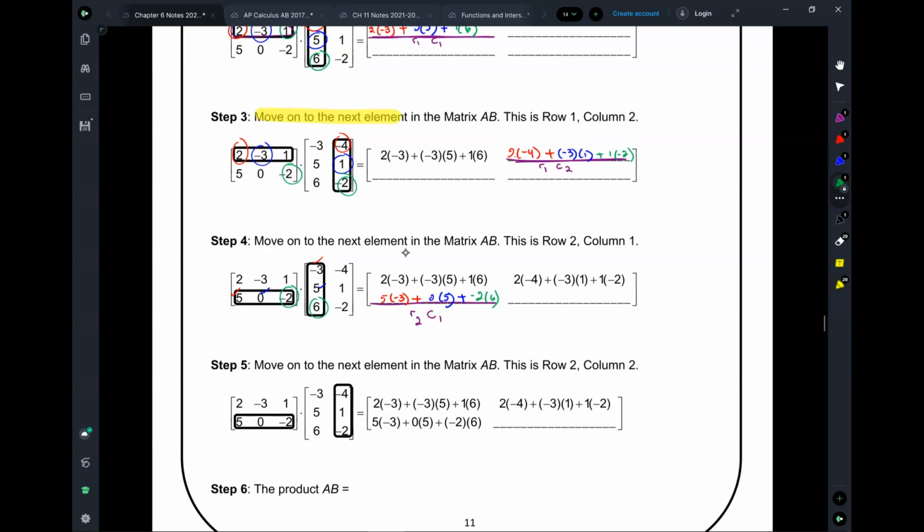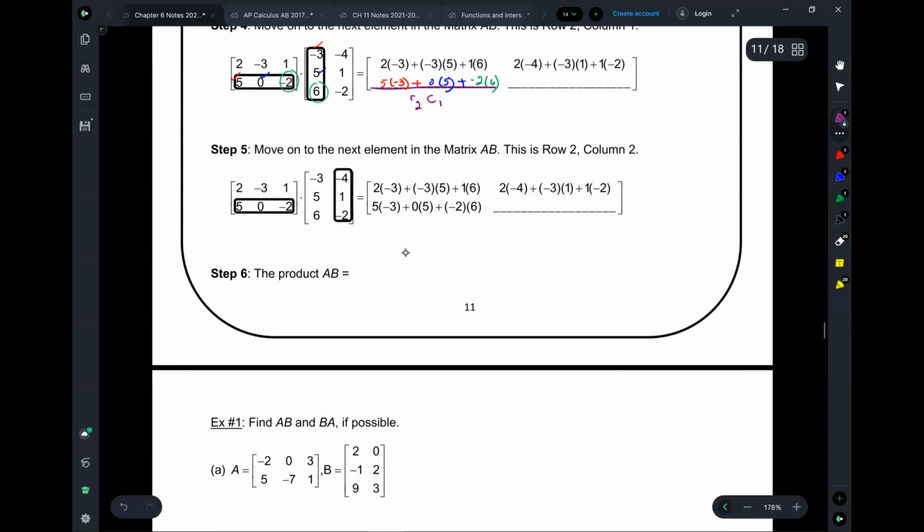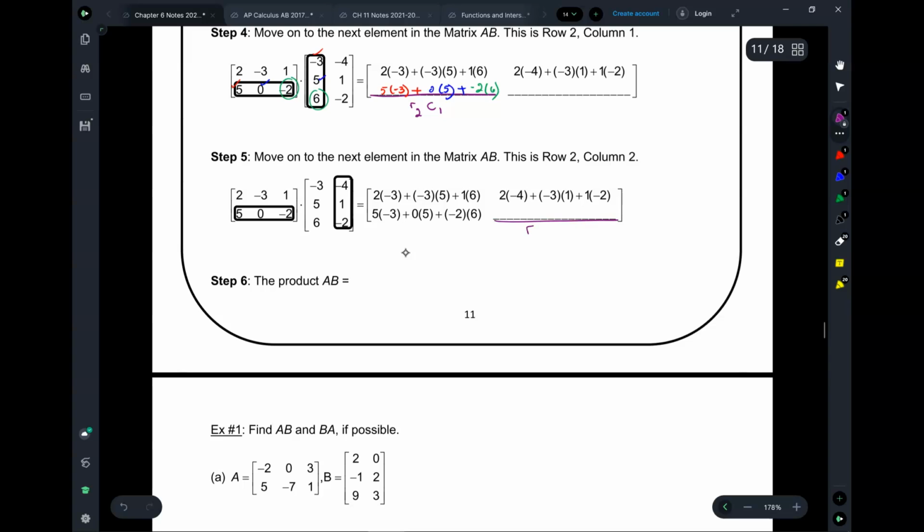Okay. Lastly, row 2, column 2. Okay. So 5 times negative 4 plus 0 times 1 plus negative 2 times negative 2.